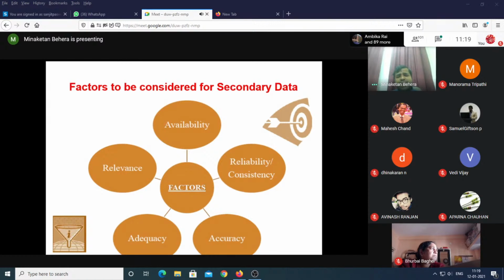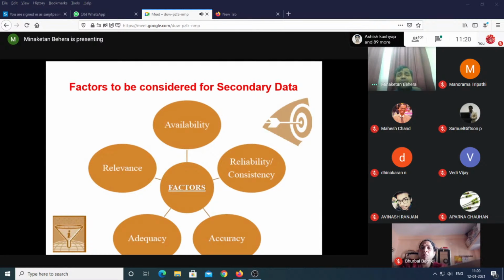Also, is the data accurate, and will it fulfill the research questions, the research objective, and the hypothesis that you have formulated? You have to ask yourself whether the data is sufficient to fulfill all my objectives.